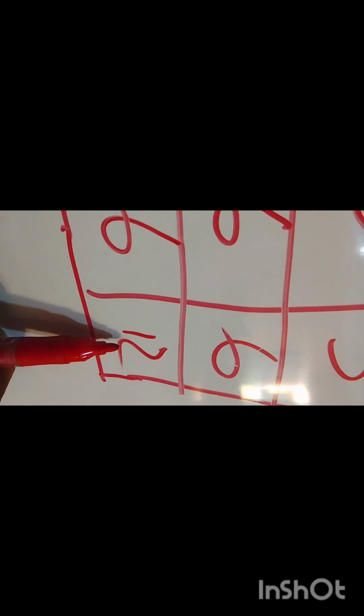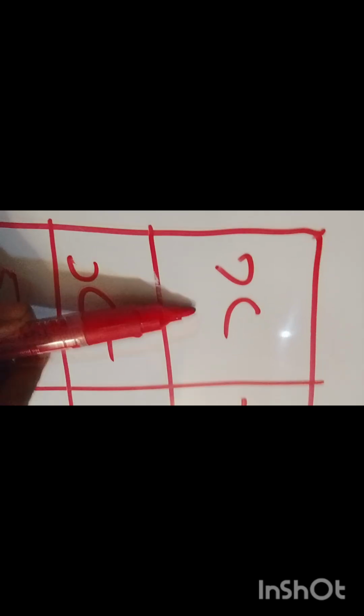So now coming back to our y column, if the y is 12, what is the number in the x column that coincides with the 12? It is 1. So the 1 here coincides with the 12.